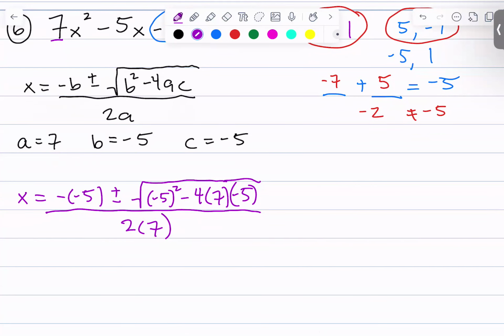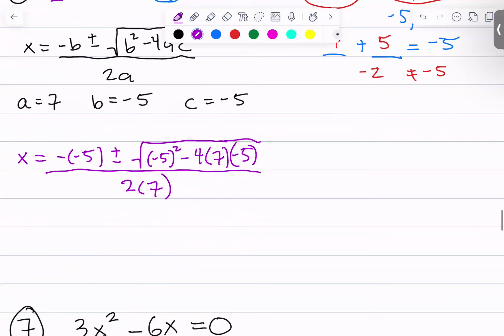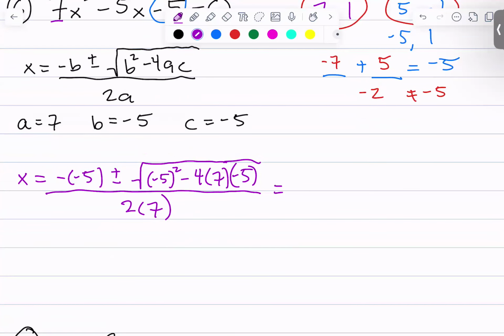Okay. And then we are going to simplify this. 5 plus or minus the square root of 25 plus 140, all over 14.